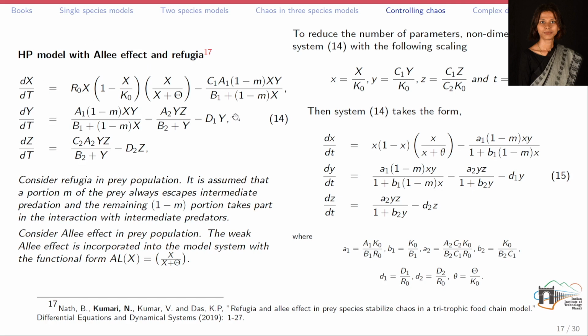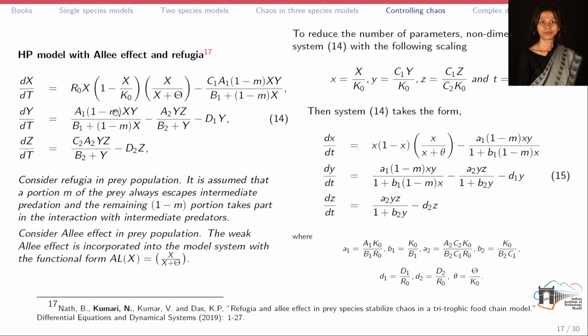So here we have assumed that a small portion M of the prey X always escapes the intermediate predator Y, and that's why this term is coming here in this first term, that is a1(1 minus m)xy.